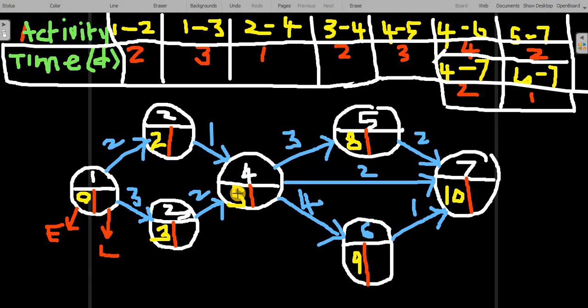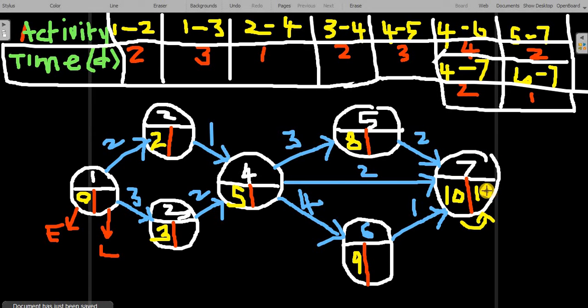Now what is latest time calculation? Latest time calculation, how to do that? This is the earliest time of the 7th event. You have to write it here as the latest time. The earliest time you have to write as the latest time for the last event, the 7th event.